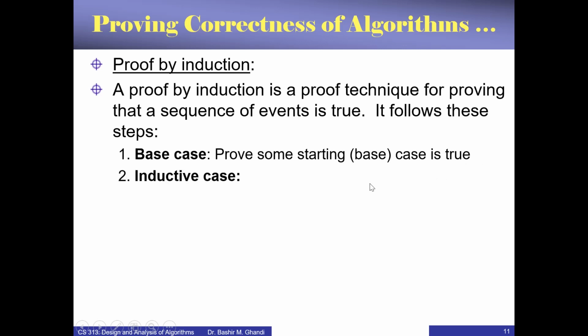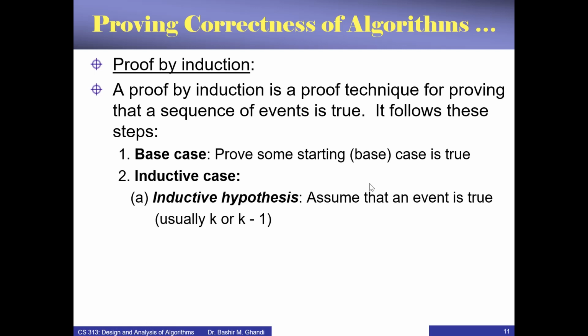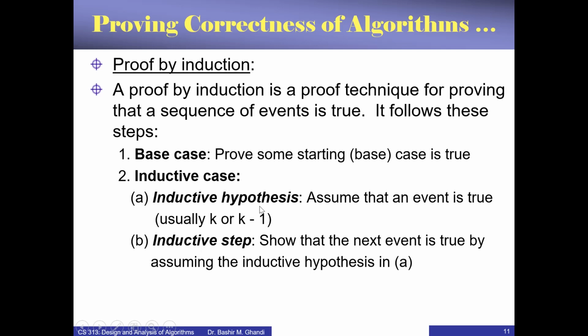Second, which is called the inductive case, consists of two parts. First part is to make a hypothesis or an assumption. So we're going to assume that the event is true for some value k or k minus 1. And then, based on this hypothesis, we're going to show that the next event is true.